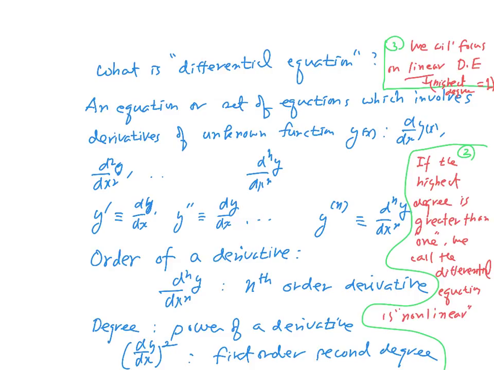And this DE is an acronym for differential equation. D dot E means differential equation.